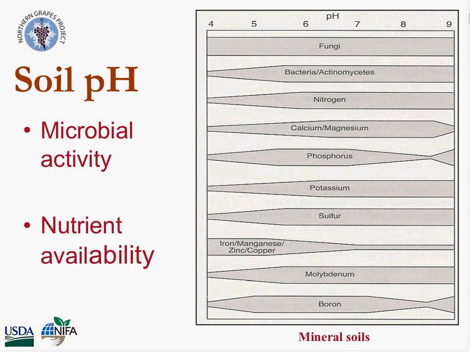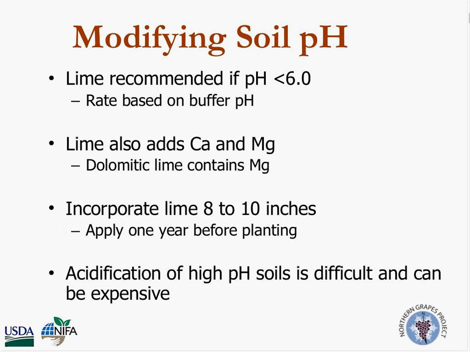To modify soil pH, generally, if you're in the acid range, you need to apply lime. It's recommended if the pH is less than 6. The amount of lime is based on how well your soil is buffered. Lime also adds calcium and magnesium. And if you're low in magnesium, using dolomitic lime will also provide that nutrient.